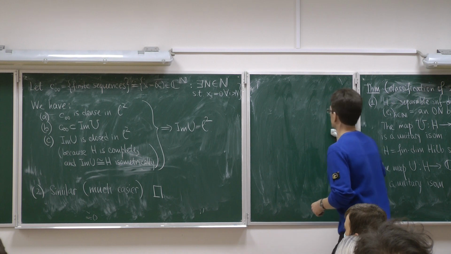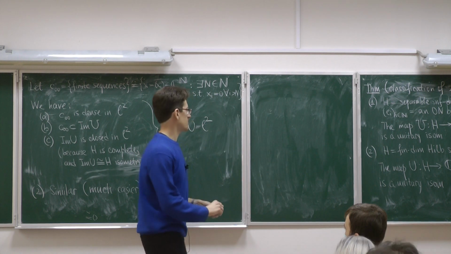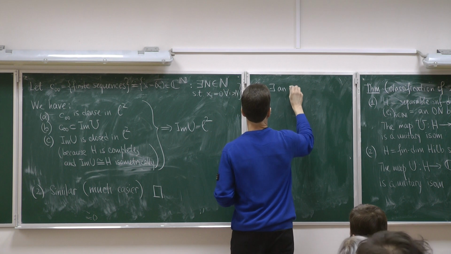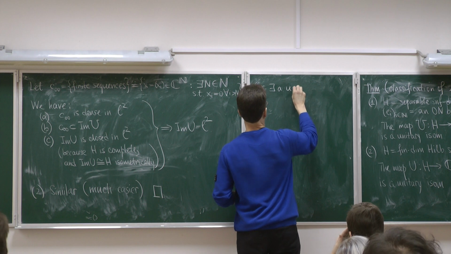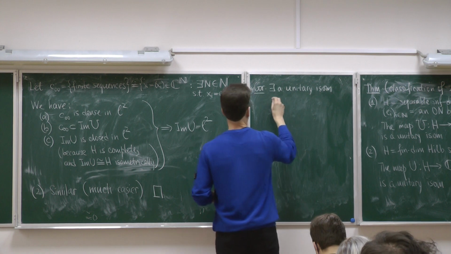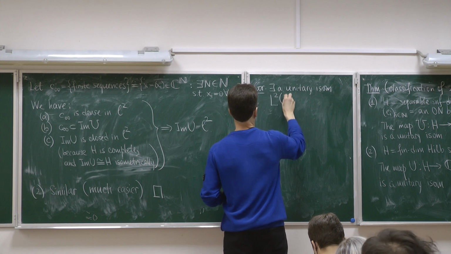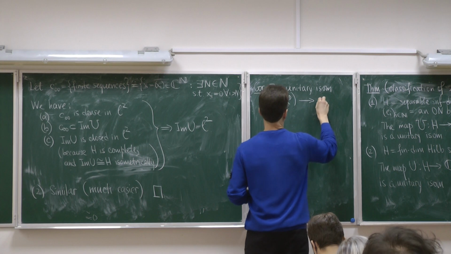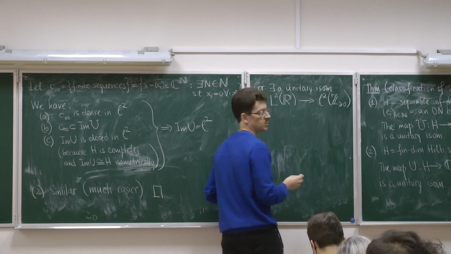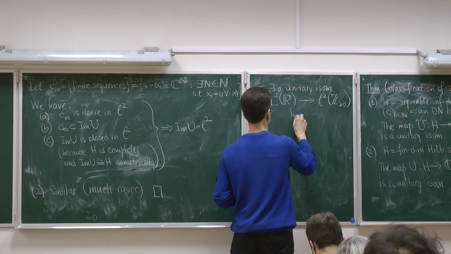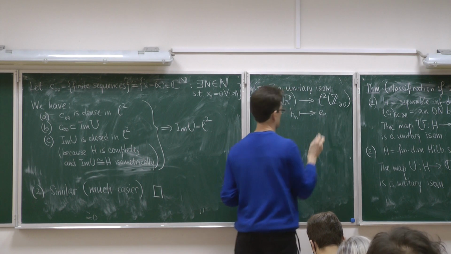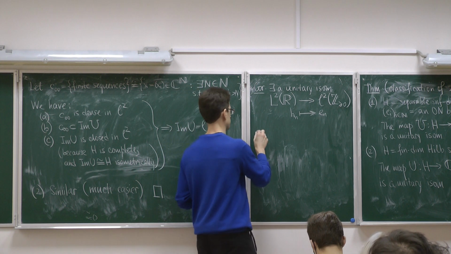As a corollary, we see that there exists a unitary isomorphism between the big L2 space on the real line and the little L2 space on the set of all non-negative integers, which takes the Hermite functions Hn to the standard orthonormal basis of the little L2 space.